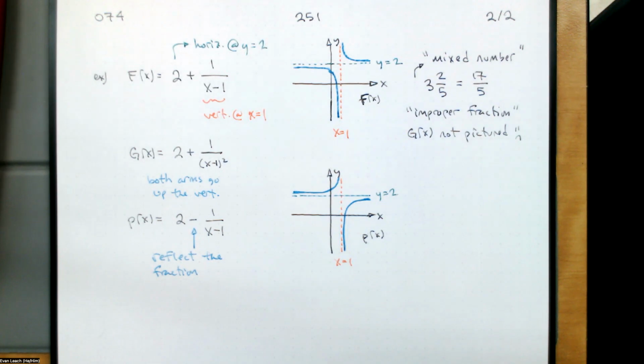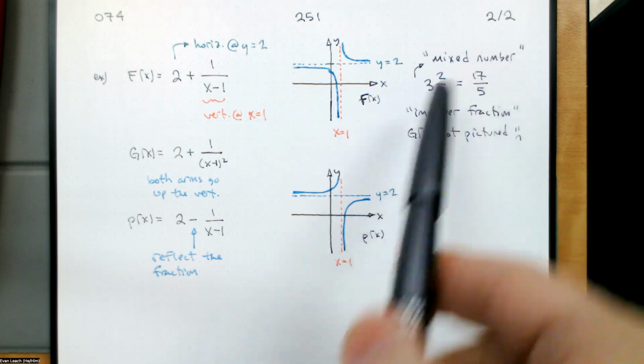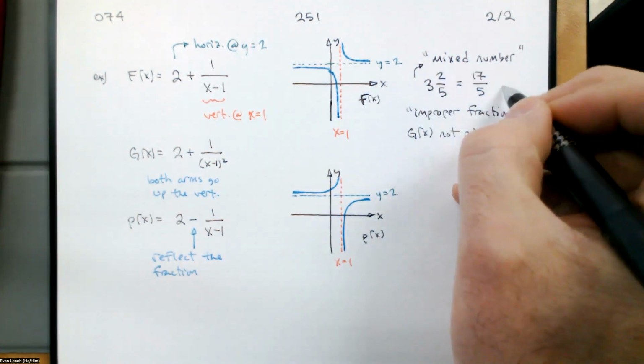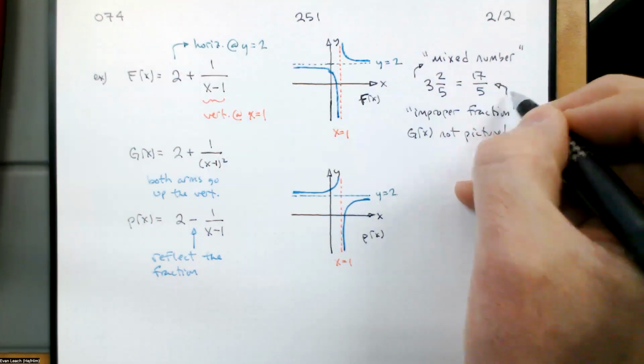Where does the 17 come from? We just add the numbers, but they're fractions, and we only add things that are the same. Sameness in fractions is denominator. So we get a common denominator and then add the fractions. Or we do the shortcut. We do 3 times 5 is 15 plus 2 is 17. And that gives us our improper fraction form.